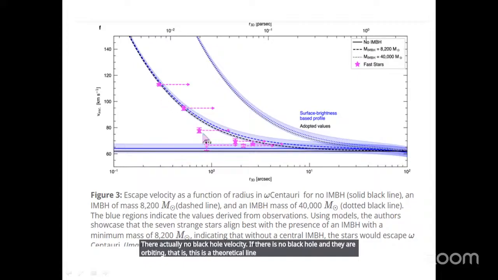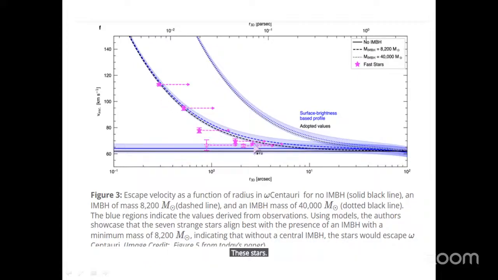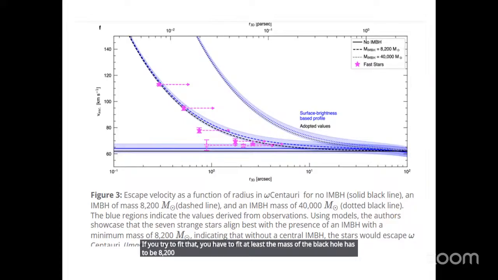These magenta fast stars, when they calculated observationally, they found that the escape velocity of these stars is above 80 or 60. And these curves, the blue line and black dashed line, if you try to fit that, the mass of the black hole has to be at least 8,200 to 40,000 solar mass.